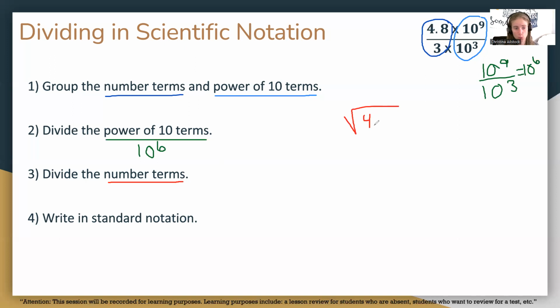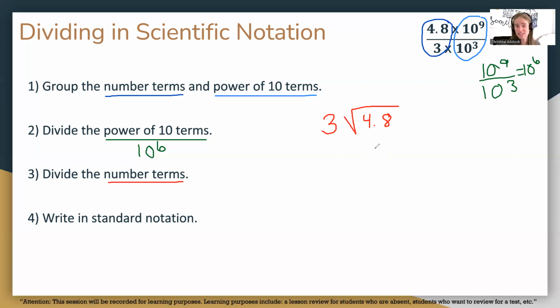So whenever you have a fraction and you divide that fraction, the numerator is your dividend. It goes on the inside. Your denominator is always your divisor. It's what you're dividing by, therefore it goes on the outside.